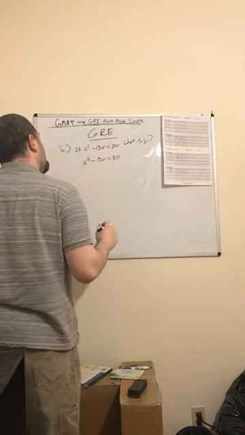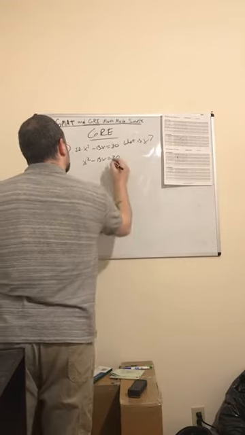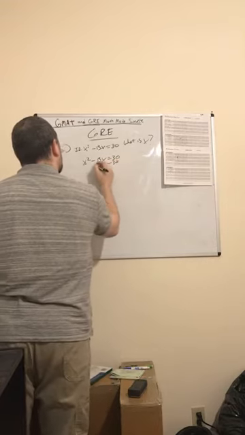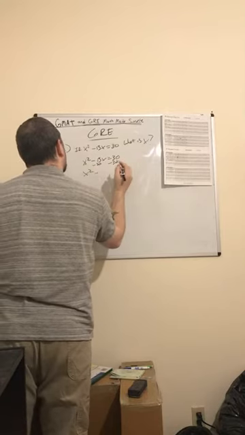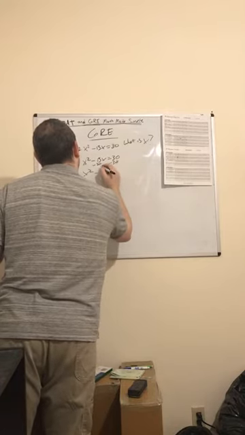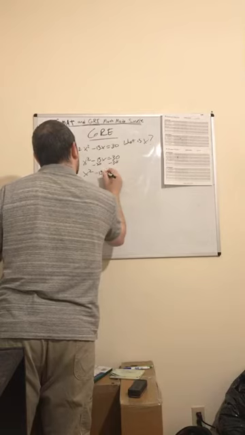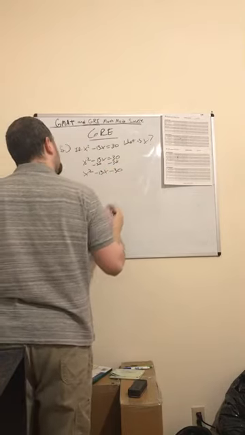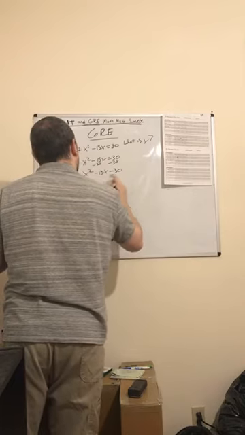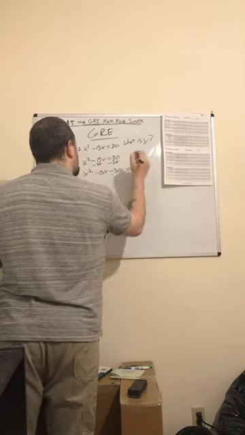Now let's subtract 30 to get us to 0. Minus 30, you have x squared minus 13x minus 30, and this equals 0.